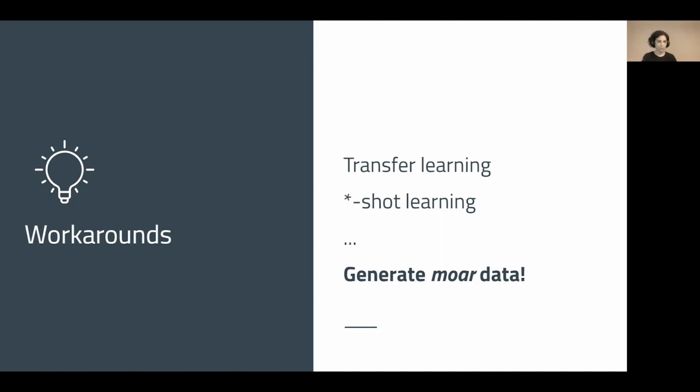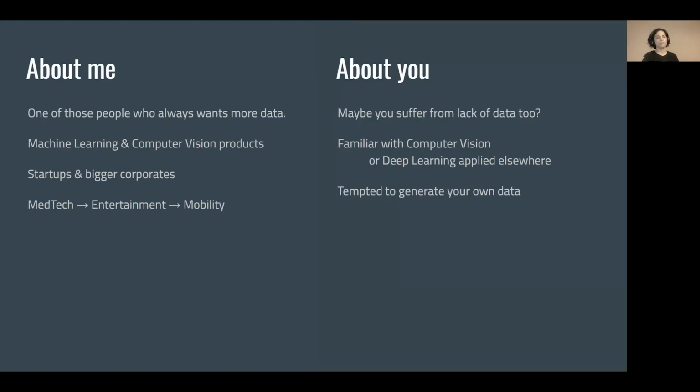There's also zero, one, few shot learning to try to work with very little data. But something also very intuitive is to think, well, maybe I can simulate my own. Maybe there is something that I can create, or at least that I can do to multiply the little data that I have. And that's what we're going to be looking at today.